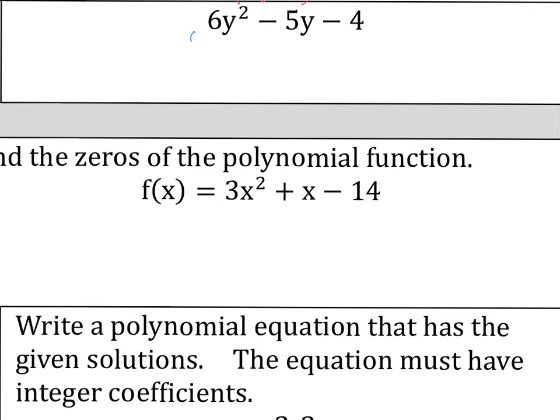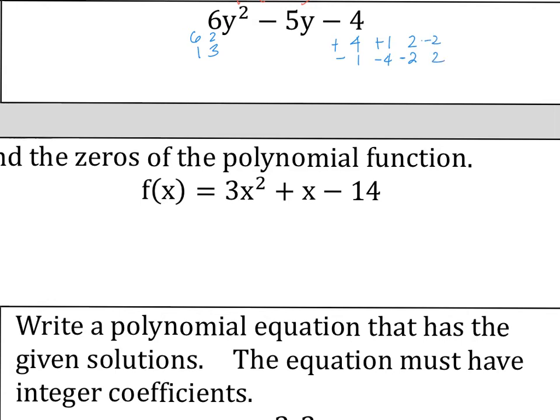For this one, I could do 6, 1, or 2, 3. And in this one, I could do positive 4, negative 1, or positive 1, negative 4, or you could do 2, 2, and then the other one of these has to be a negative sign, or the other way around, negative 2 on top and positive 2 on bottom.